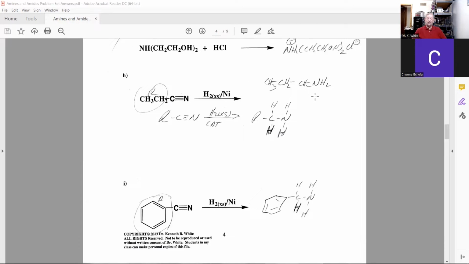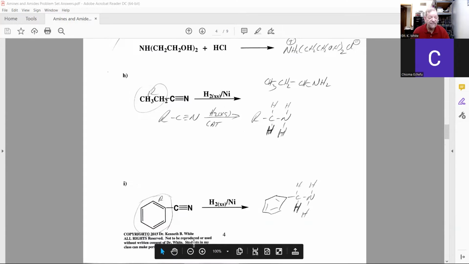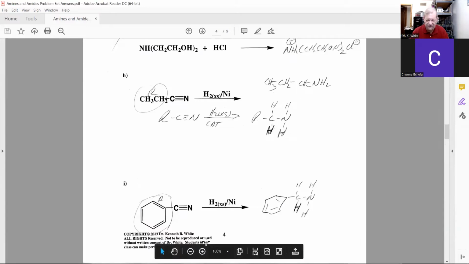Now, I wrote it this way. You could have also written it. Let me open my whiteboard. Let me go back and peek how many carbons. And that was, okay, 3.